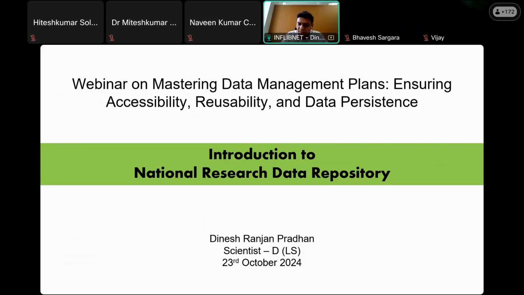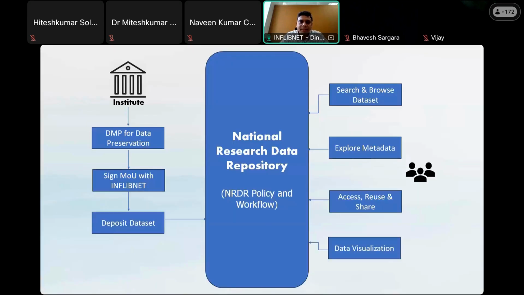Now I'll give you a brief about our new initiative, the National Research Data Repository. We are hopeful to have the research data generated by different institutions from India preserved and shared across the globe through this repository.